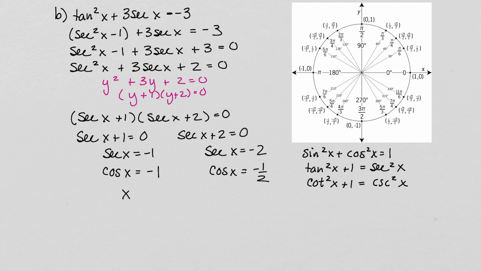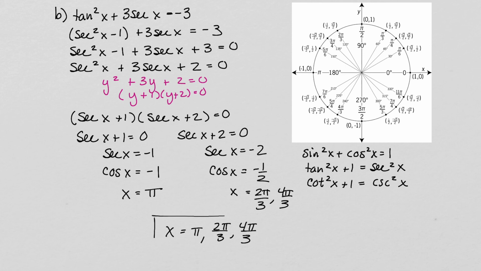So the cosine of x is going to be equal to minus 1 when x is equal to pi. And the cosine of x is going to be equal to minus 1/2 when x is equal to 2 pi over 3 and 4 pi over 3. So our final answers are x equals pi, 2 pi over 3, and 4 pi over 3.